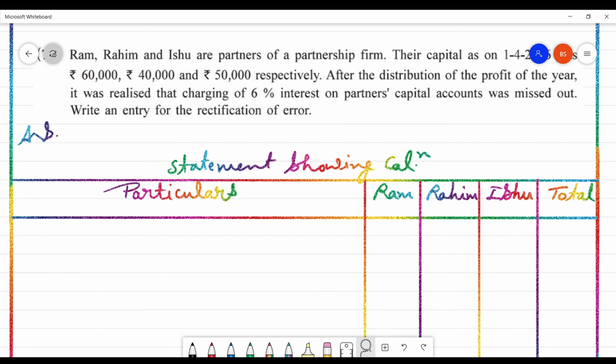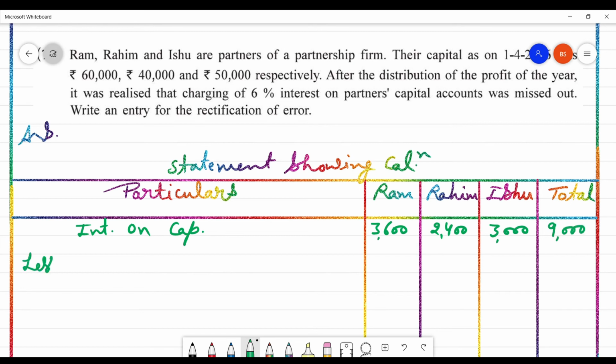So we will calculate interest on capital first. Interest on capital: 60,000 at 6% will be 3,600, next 2,400, next 3,000. Then we will total all three, so it will come to 9,000.